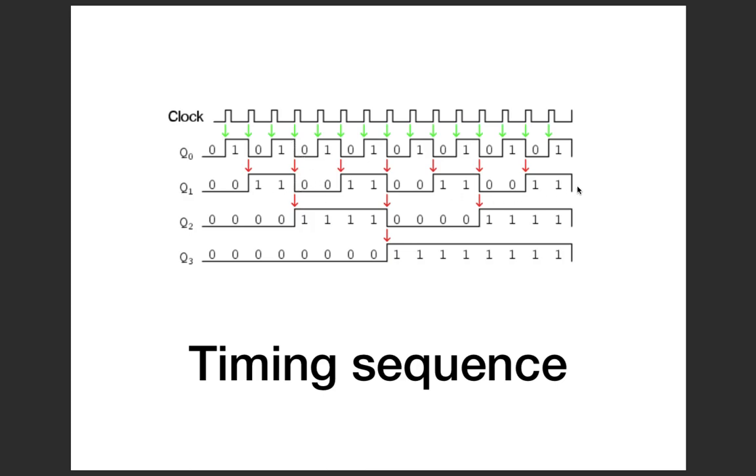Similarly, there were these many toggles. Q2 toggled whenever Q1 had a falling edge. And similarly, Q3 toggled whenever Q2 had a falling edge. So if you consider a 5-bit counter, there will be a Q4 or in the earlier terms B4, which will toggle once every 16 numbers.